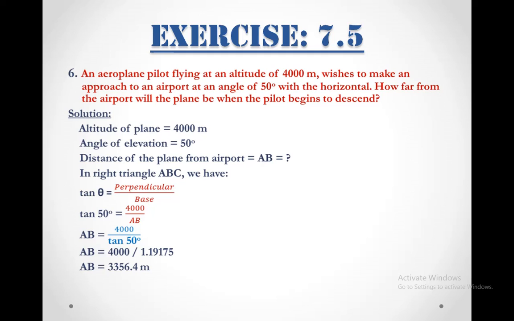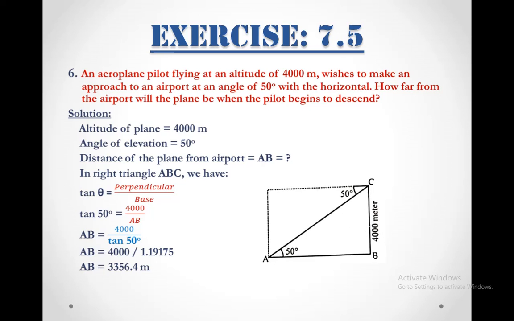Viewers, likewise the previous, before starting the solution we must have the diagram. So here you can see that the whole statement is covered inside a triangle ABC. Angle involved, it is 50 degree. The altitude of the plane given, it is 4000 meters.